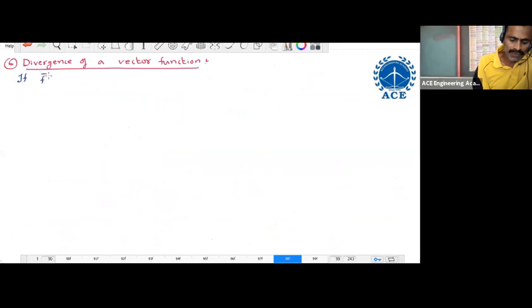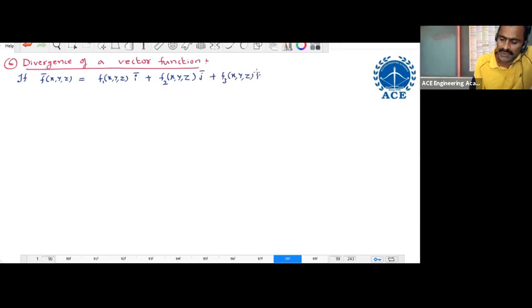If f bar of x, y, z equal to f suffix 1 of x, y, z into i bar plus f2 of x, y, z into j bar plus f3 of x, y, z into k bar, or in short form we write this as f bar equal to f1 i bar plus f2 j bar plus f3 k bar.